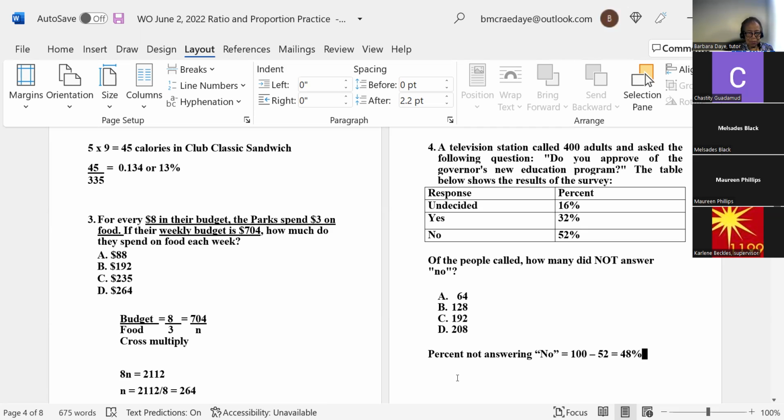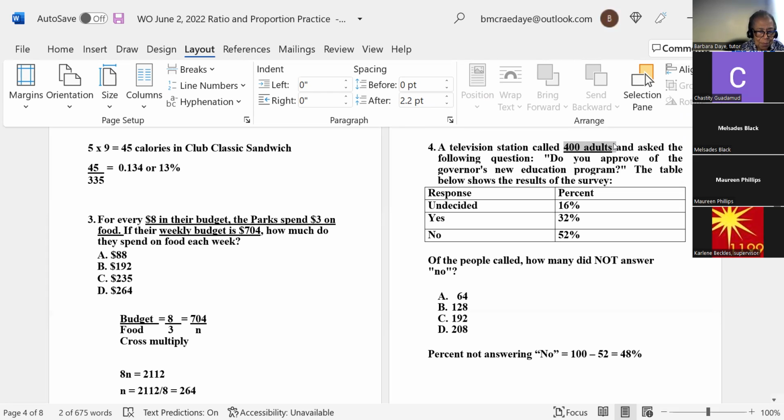Okay. Not answer no. You know the percent. How many people does that represent? 400 is the total. So if you called 400 people, and 48% did not answer no, how would you find the number of people?